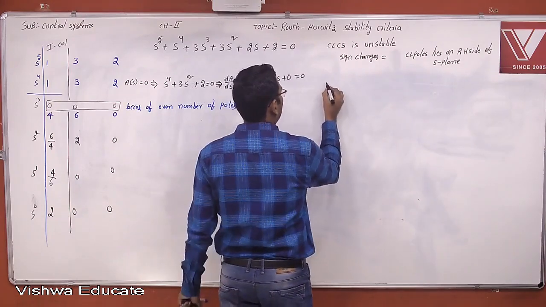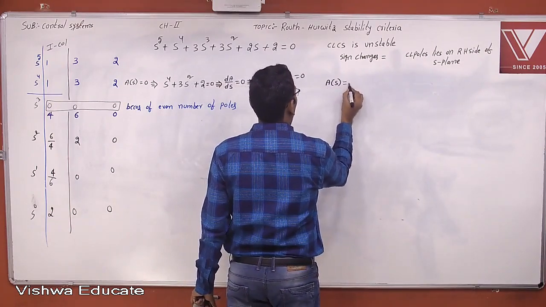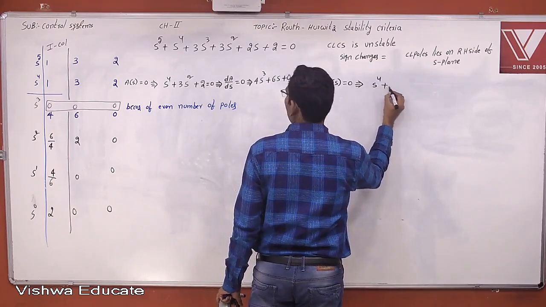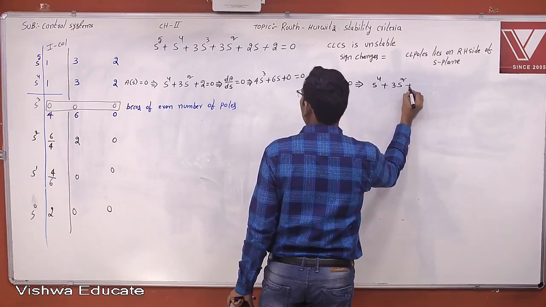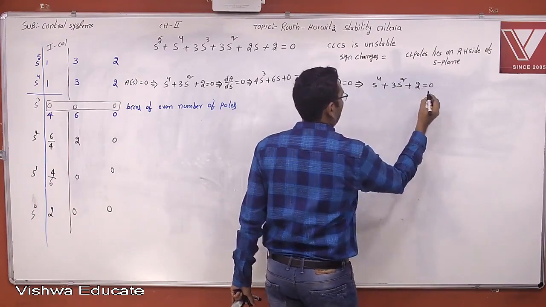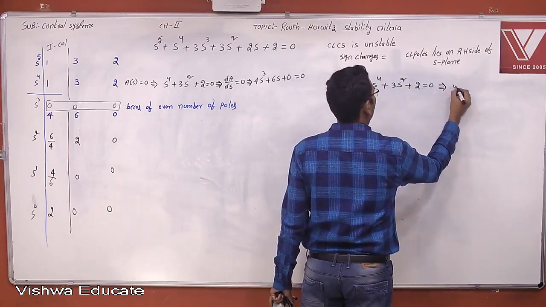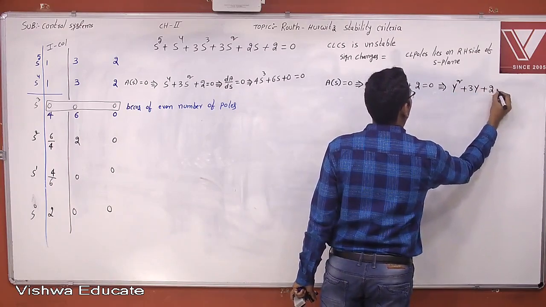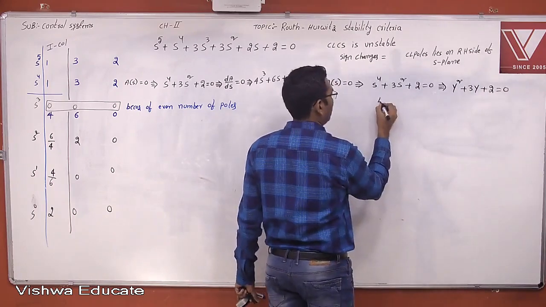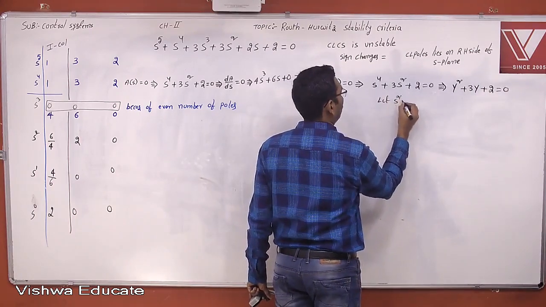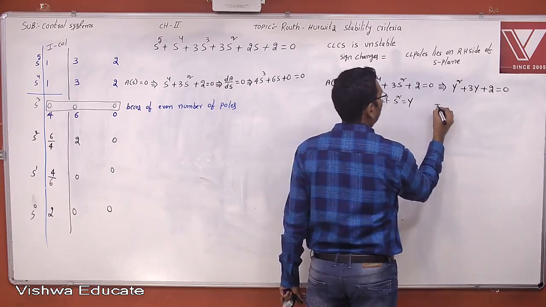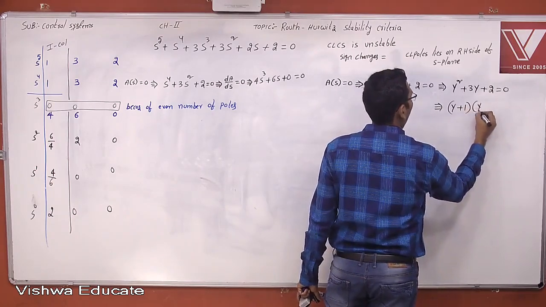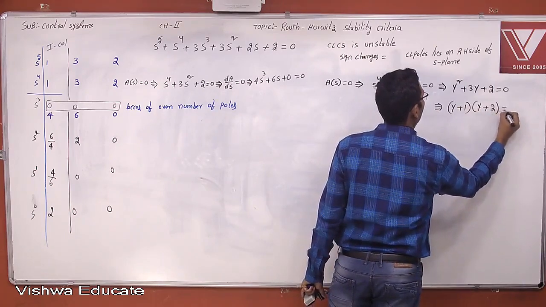Now here the auxiliary equation is always an even power of s term: s^4 + 3s^2 + 2 = 0. Can I write it like this? y^2 + 3y + 2 = 0, where let s^2 = y. So what are the roots? (y + 1)(y + 2) = 0.